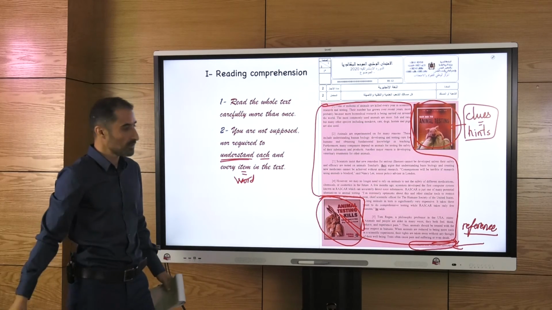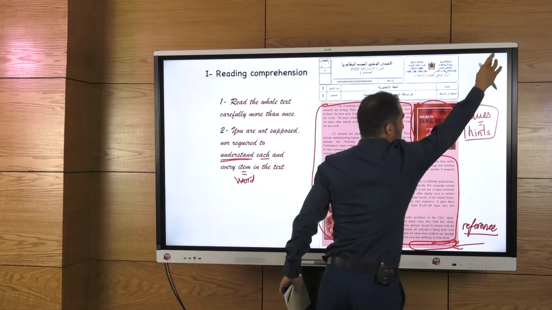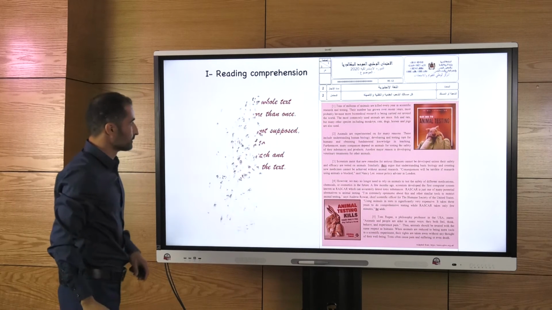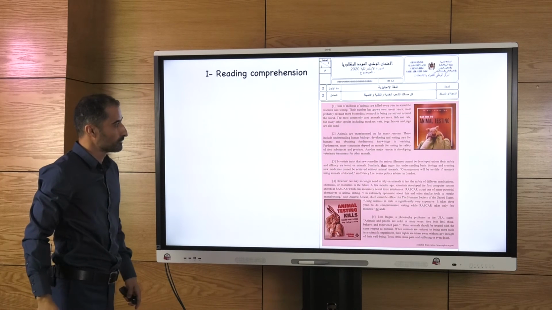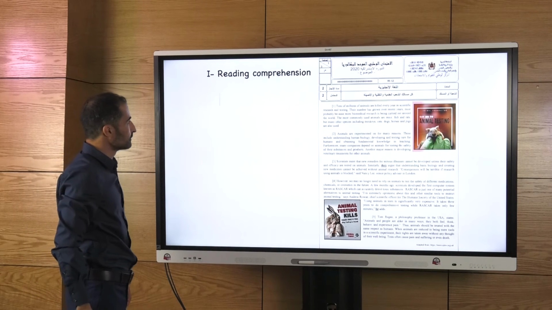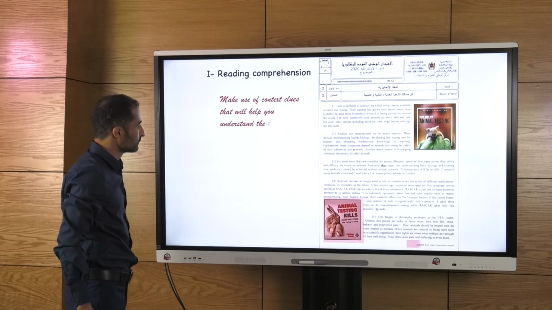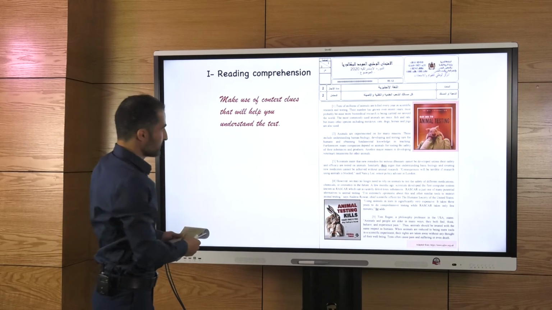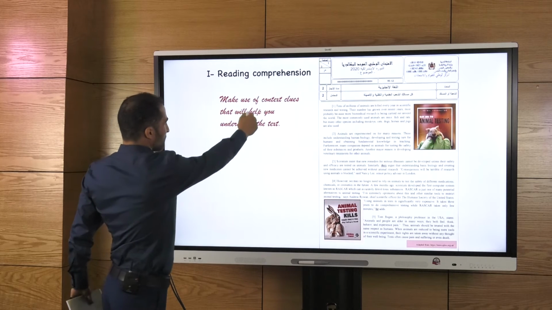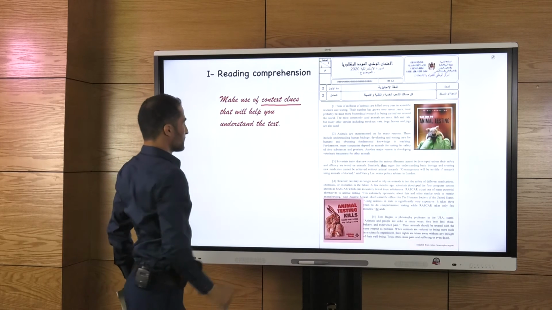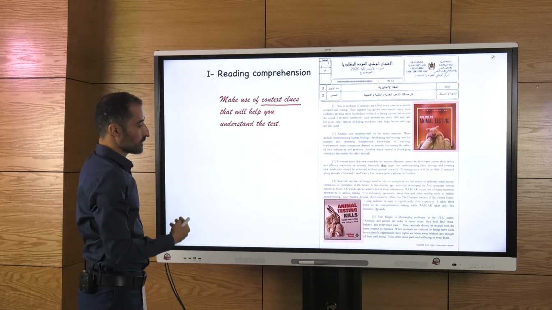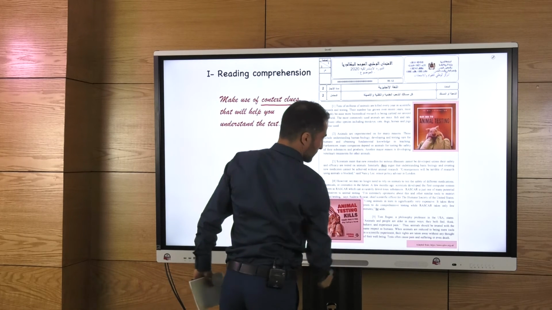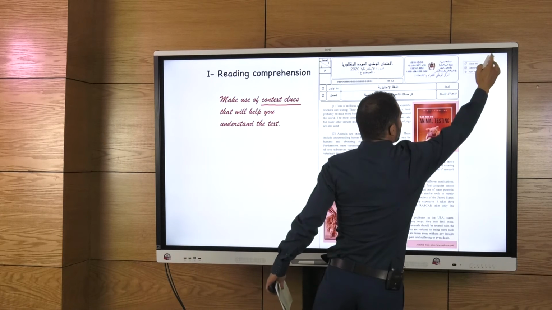Forget about difficult words and items. As I have just said, make use of context clues. They are going to help you understand the text. So these are some context clues.